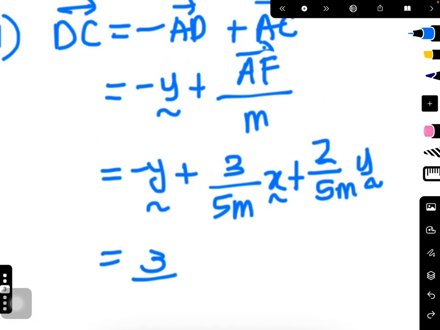3 over 5mx. Don't forget to put this sign, okay, because it is very important.